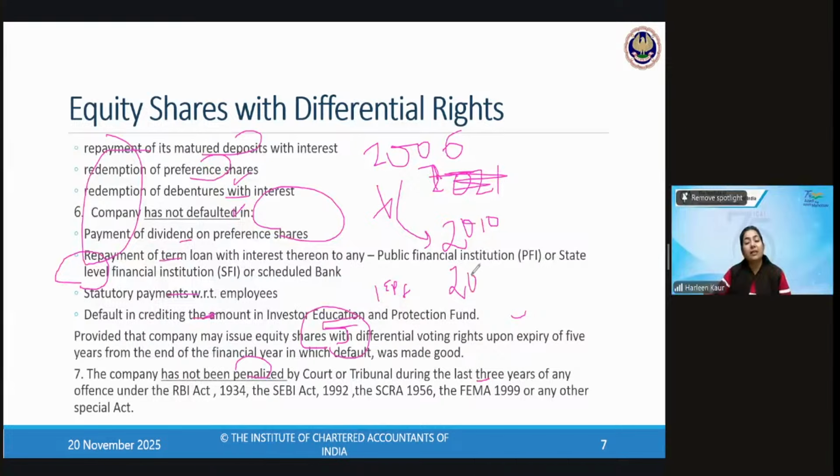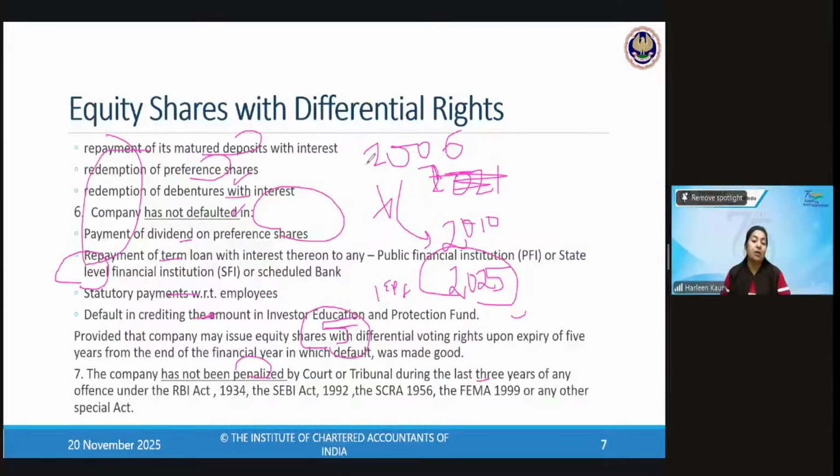Now this company in 2025 wants to issue DVRs. Can this company issue DVRs? It has defaulted in payment of dividends of preference shares. In 2010, it rectified its mistake. Then in 2025, can it issue the DVRs?